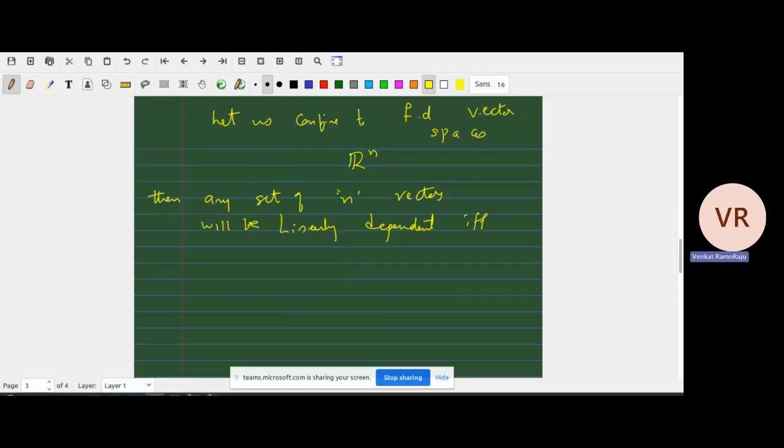This is a convenient way for people to even write algorithms. A set of n vectors is linearly dependent if and only if the matrix made out of these n vectors, say this is the first column vector, this is the second column vector, picking n vectors in n dimensional space, is such that, since this matrix is an n cross n matrix made by stacking the column vectors in this way, the determinant of A is equal to 0.